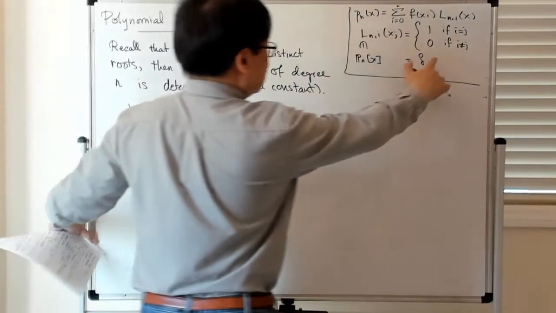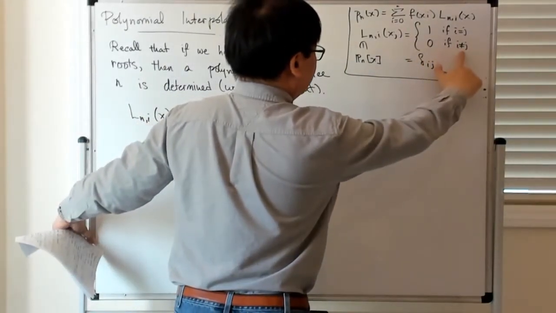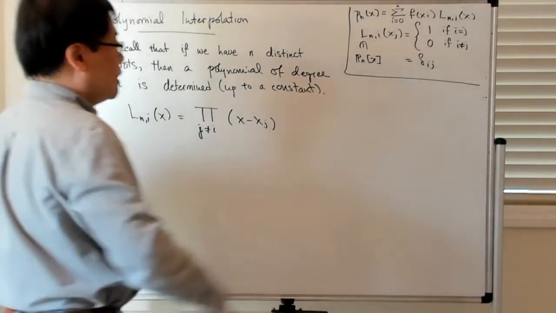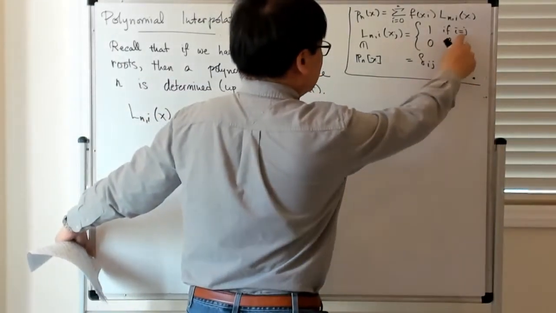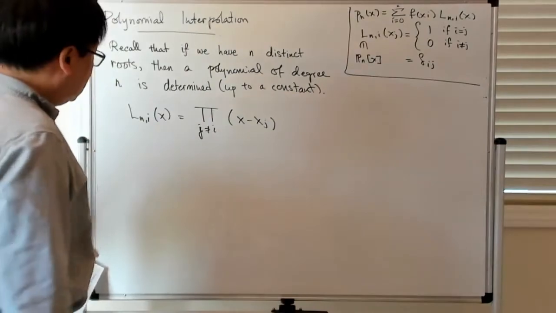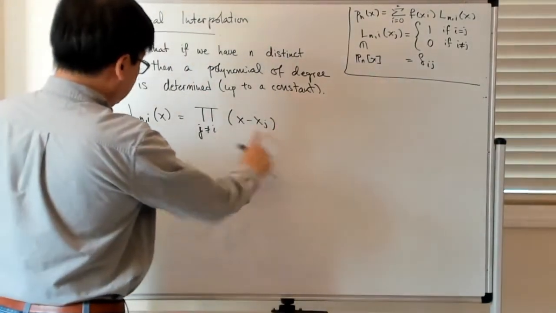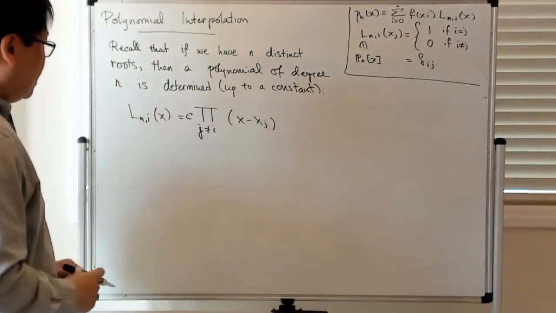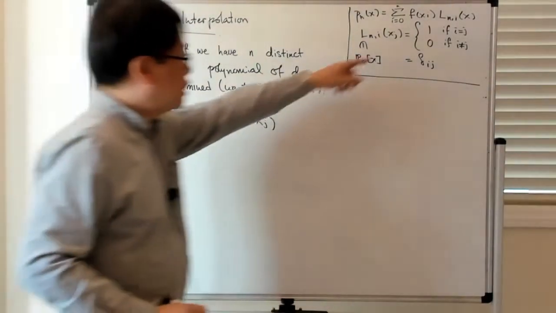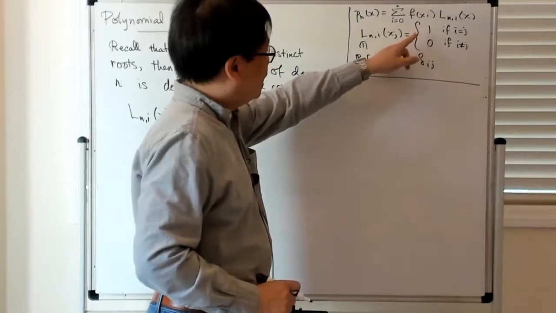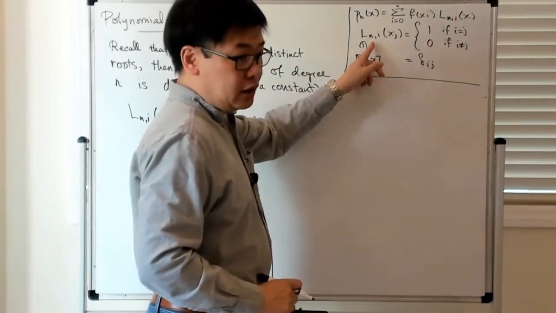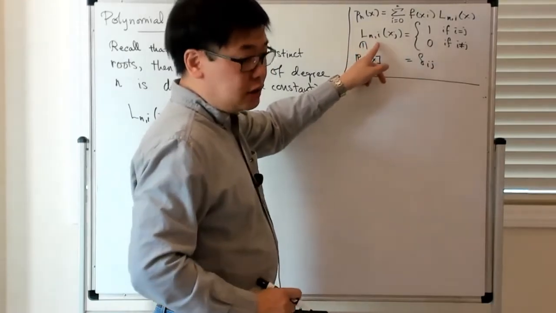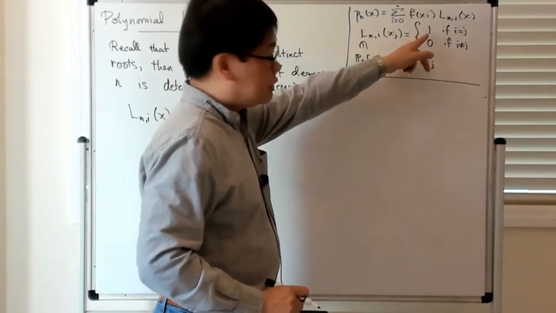So there are a bunch of roots at the interpolation points, and the only one that is missing is the x_i term. That's what it is, up to a constant. Let's call that constant c. You determine the constant by a normalization condition: if you evaluate the ith Lagrange polynomial at the point x_i, then it has value 1.